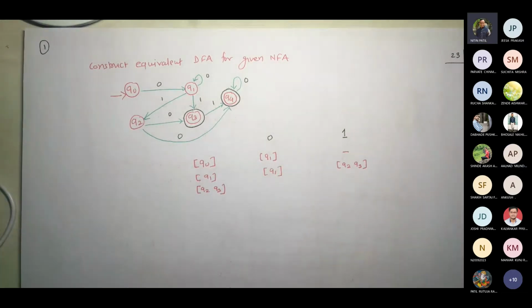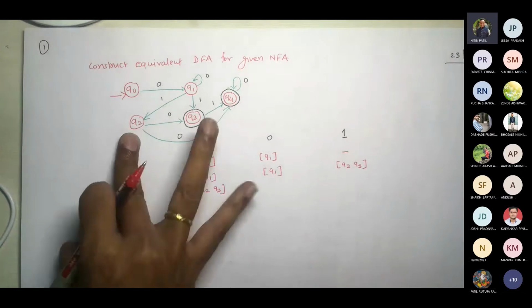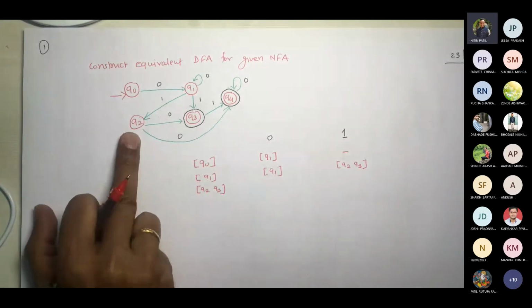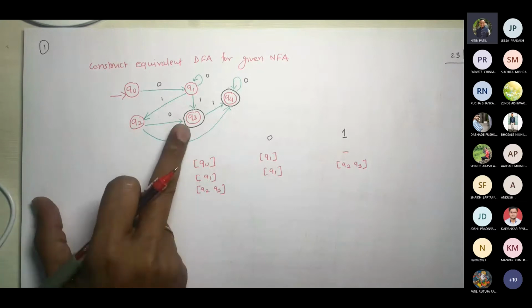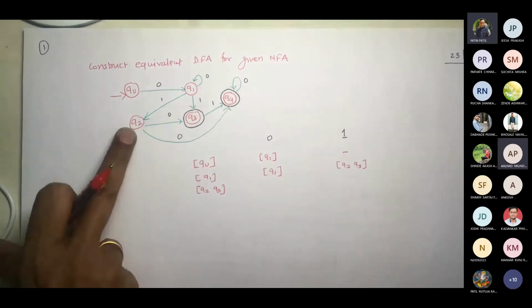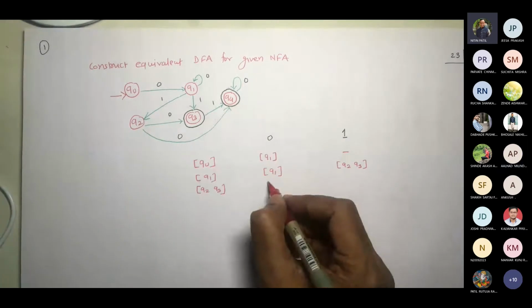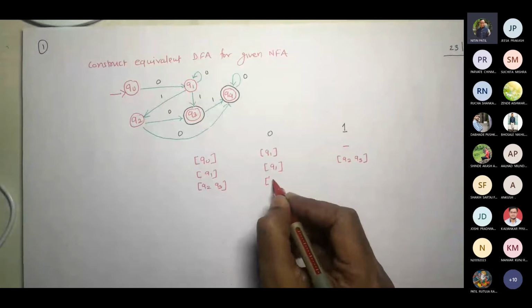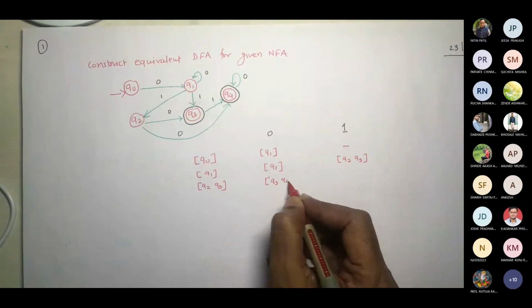Now you apply 0 and 1 on Q2 and Q3. There is no outgoing transition for Q3 with 0, so forget it. Q2 on 0 is Q3, and Q3 on 0 is Q4. So we'll write it here. Union Q3 comma 0, but we don't have anything, that's why this would be Q3 comma Q4.